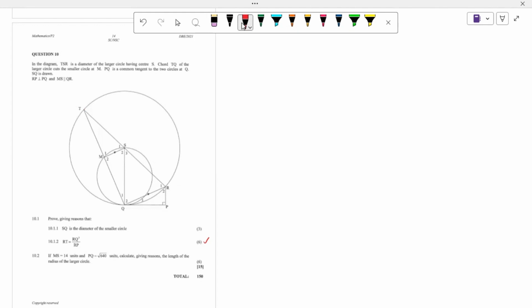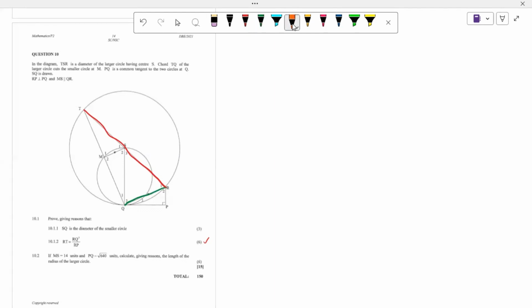RT, so here's my RT, is equal to RQ squared, which is this line here, over RP.